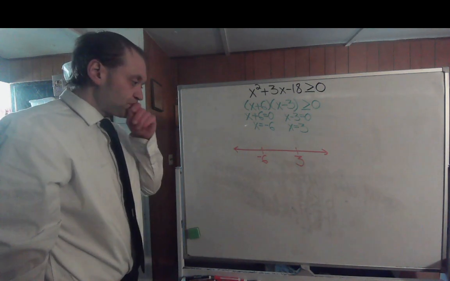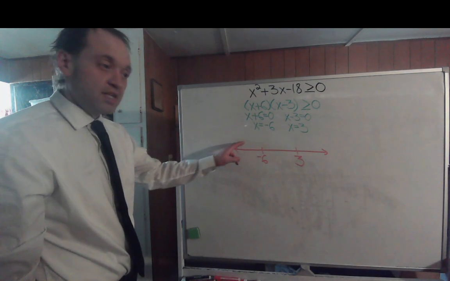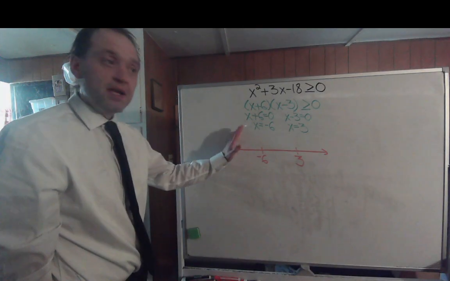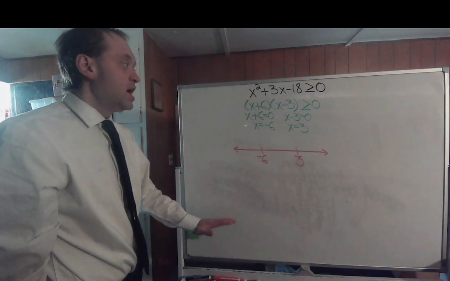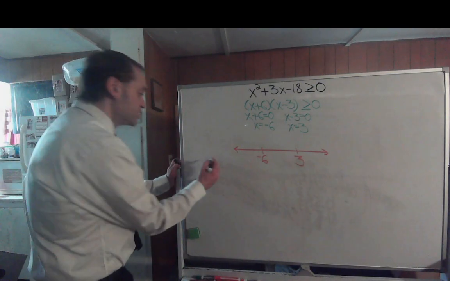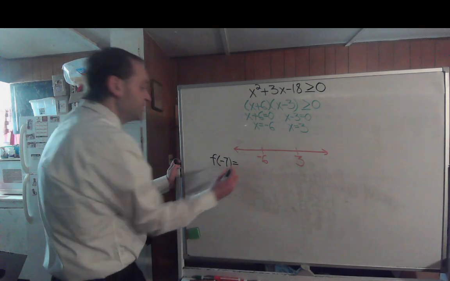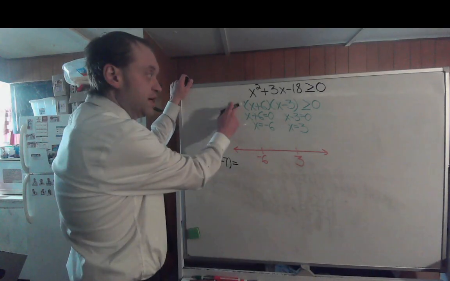So what if we went from negative infinity to negative 6? Every point to the left of negative 6, right? Pick any point in that interval. As for me, I'm going to pick negative 7. I think that's a great one to pick. So what if we pick f of negative 7? Well, f of negative 7, it's easier if you put it into your factors.